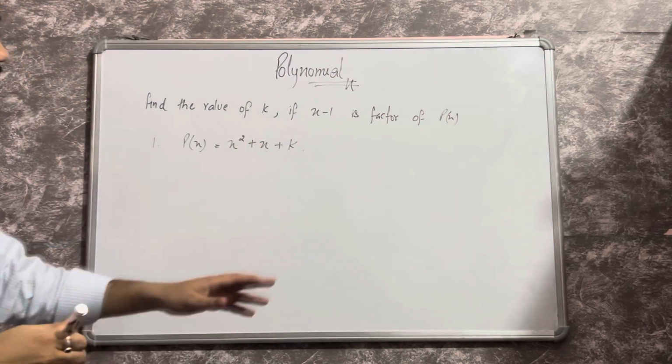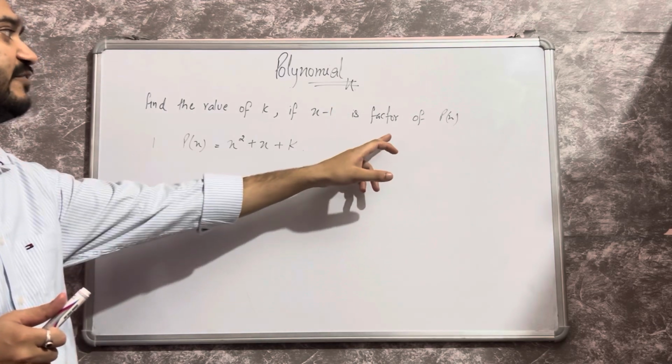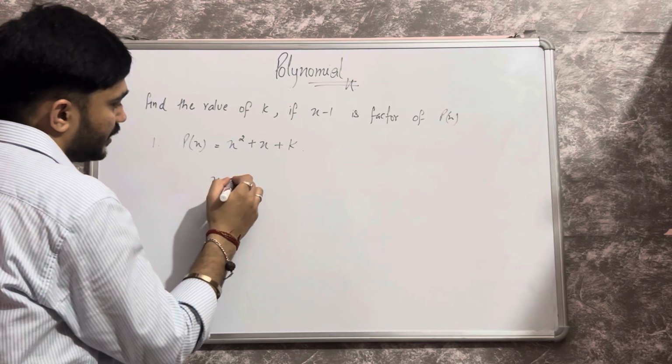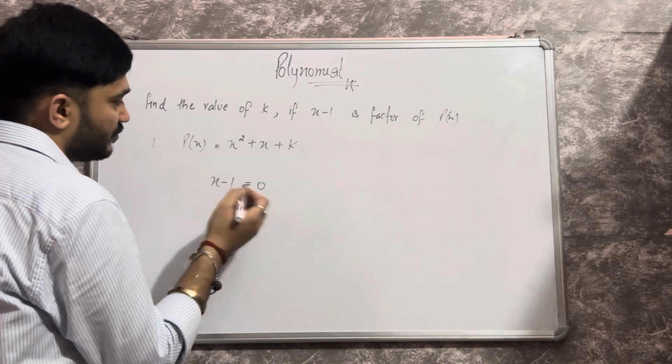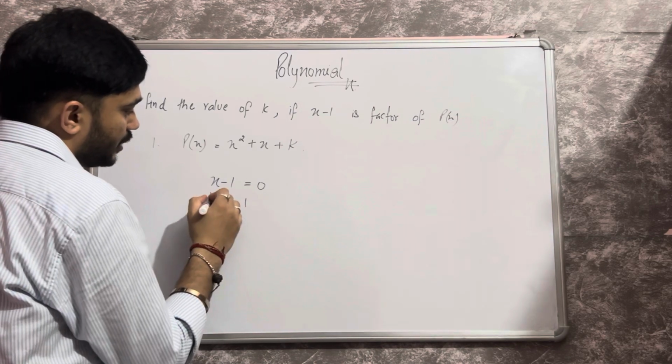Since x minus 1 is already confirmed as a factor of p of x, x minus 1 equal to 0. Find the value of x. So the value of x will be plus 1. Any doubt?